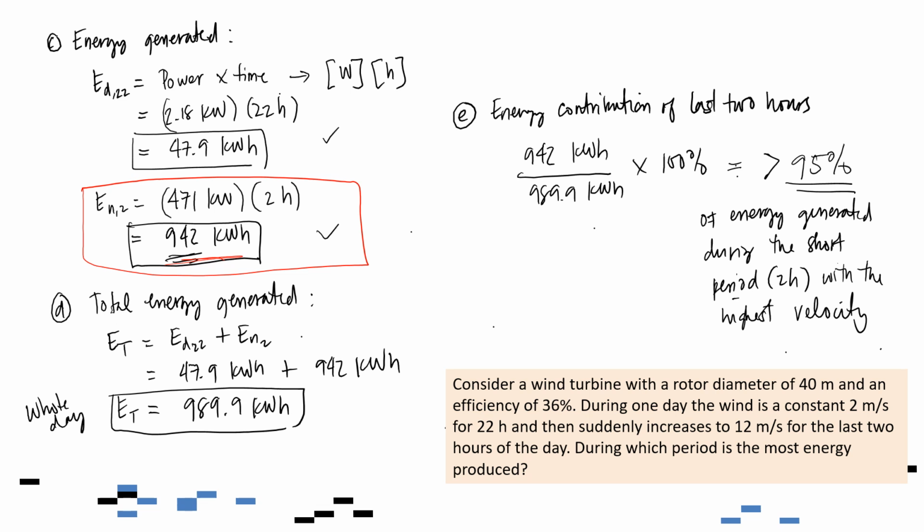So all in all, for 2 hours of energy generation, it accounted for 95% of the total energy generated for this wind turbine. So that's how you explain the importance of or the dependence of energy generation for wind energy based on the wind velocity.